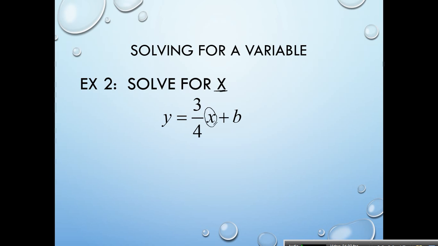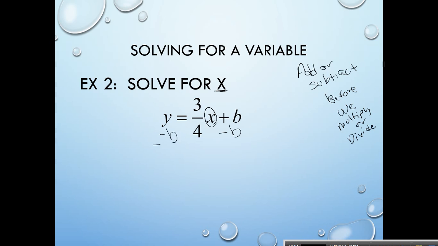I'm not going to do anything with this 3/4 because remember, we're always going to add or subtract before we multiply or divide. So I have this plus b here that I've got to get rid of. I'm going to subtract b from both sides.